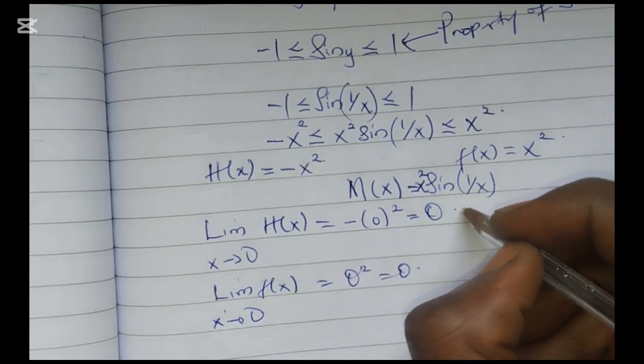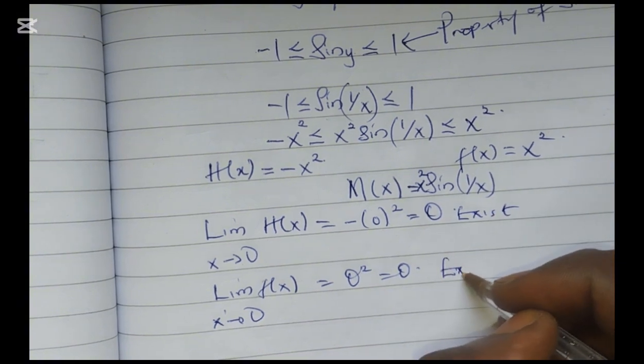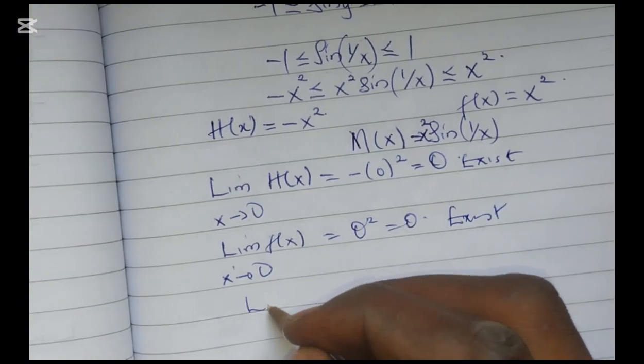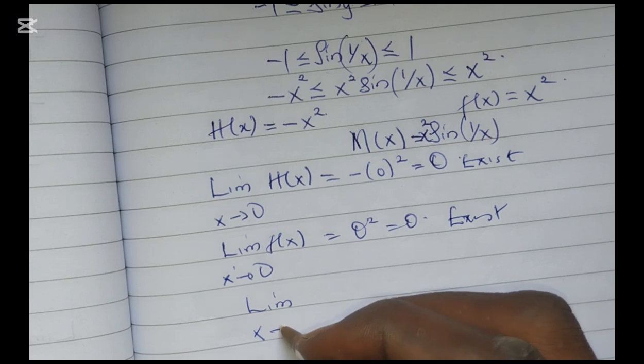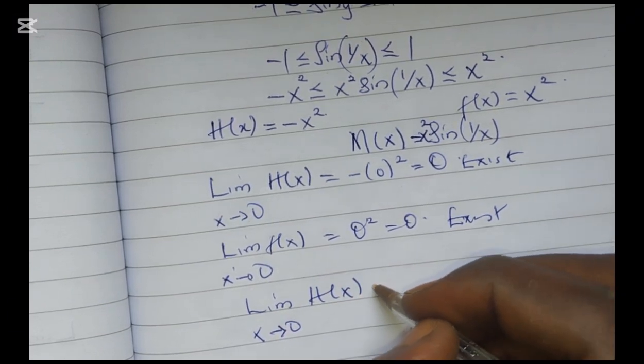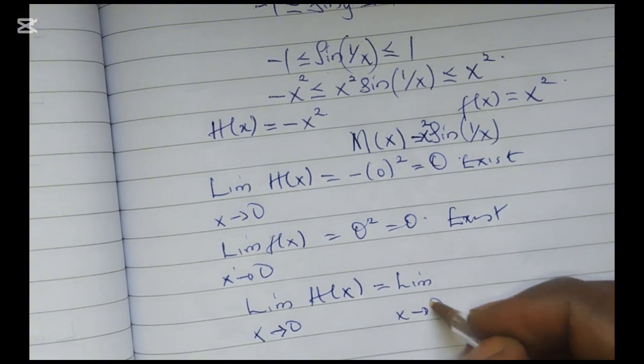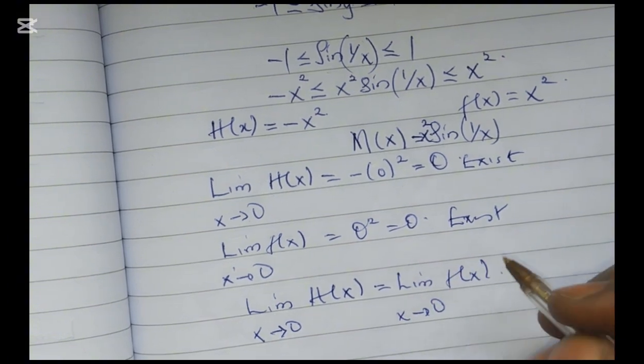Now this limit exists, this one also exists, and the limit as x goes to 0 of h of x is equal to the limit as x goes to 0 of f of x.